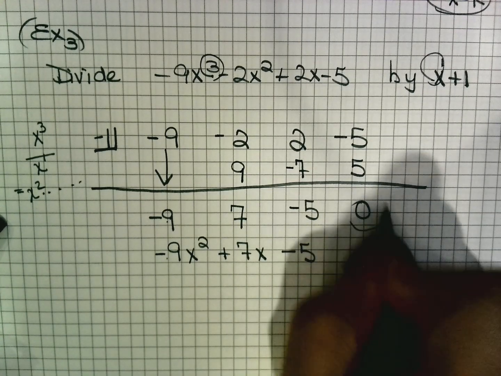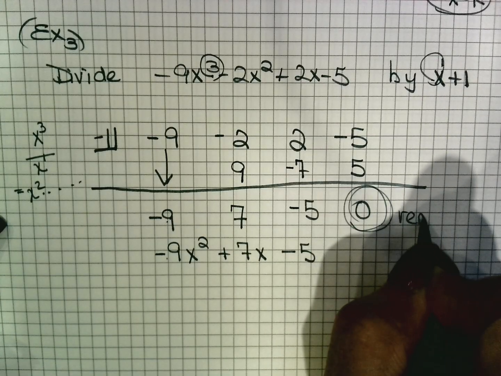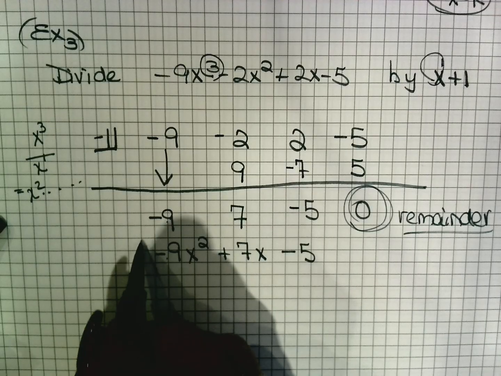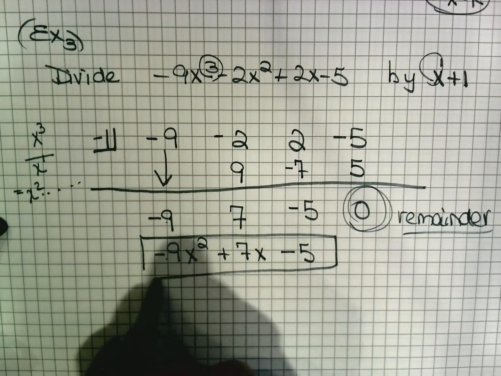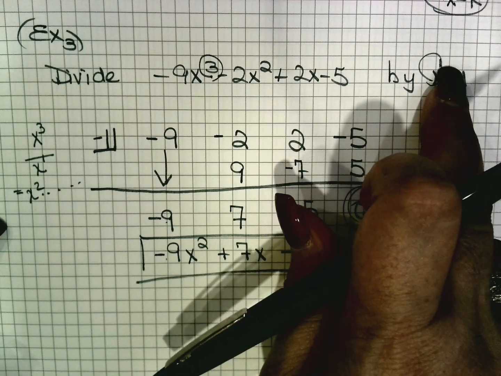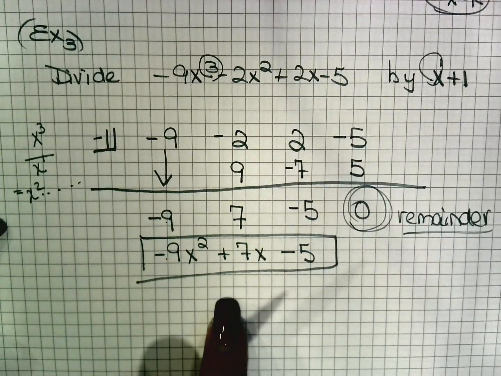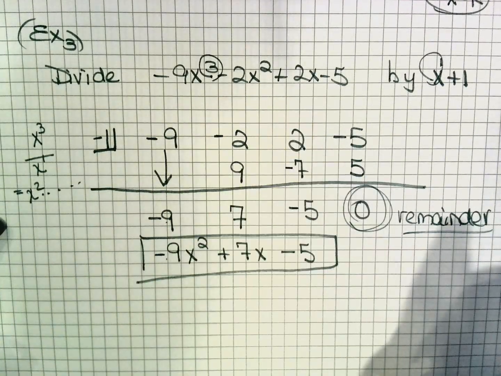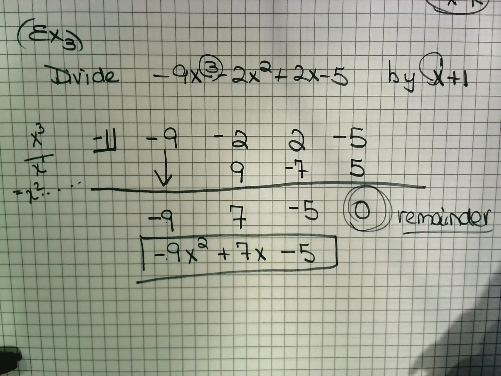And the 0, you guessed it, is your remainder, and we don't need to write it or anything. We're done. So this trinomial and this binomial are factors of that polynomial up there.